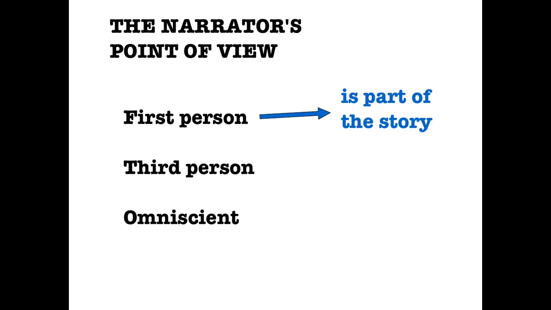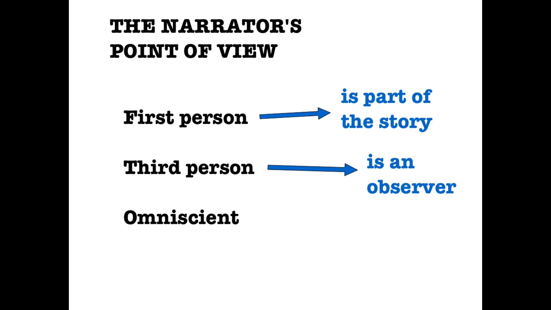The first person narrator is part of the story, so he's one of the characters telling the reader what's happening. So anything you will discover will be through his eyes. The third person narrator is not involved in the story. He's only an observer.